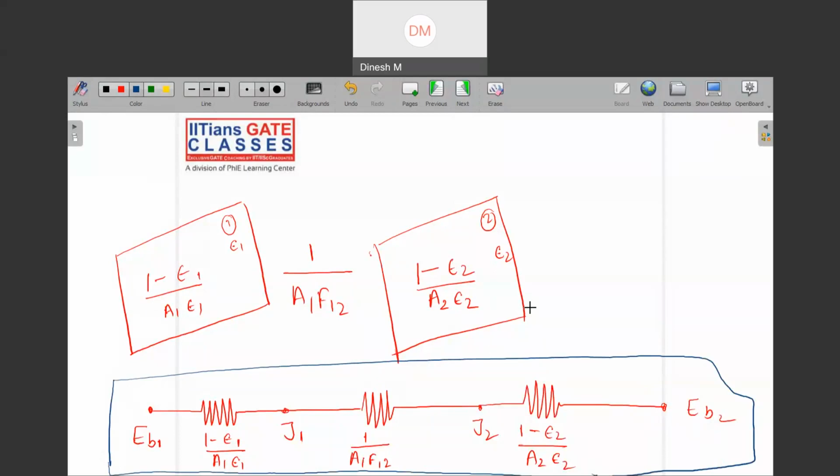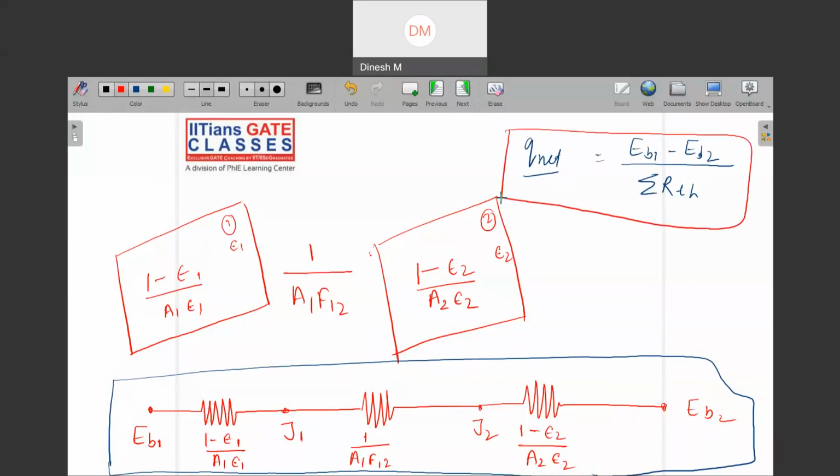Can you see that I can write down Q net, the net radiation heat exchange, as the summation of thermal resistances, which are nothing but radiation resistances. So now I know how to apply the electrical analogy to radiation problems also.